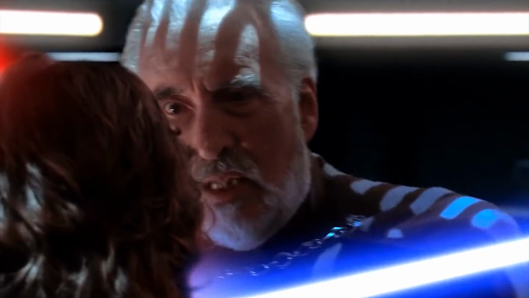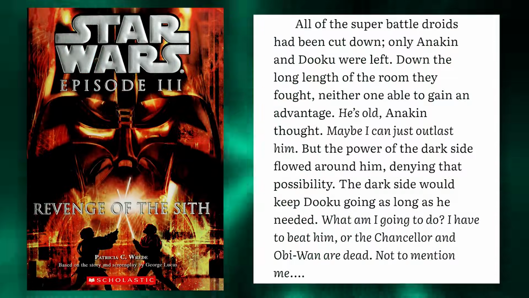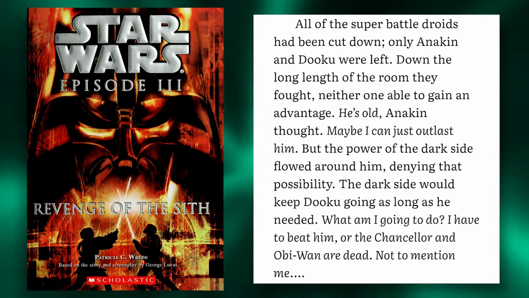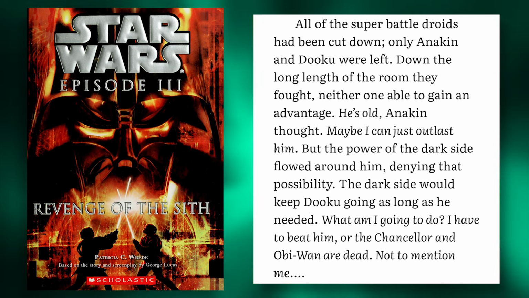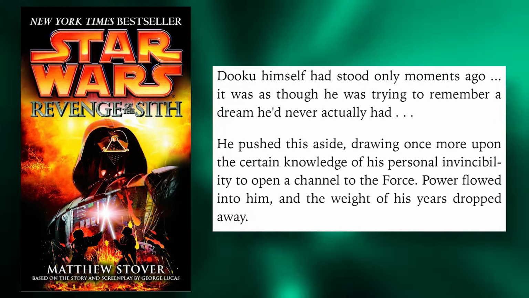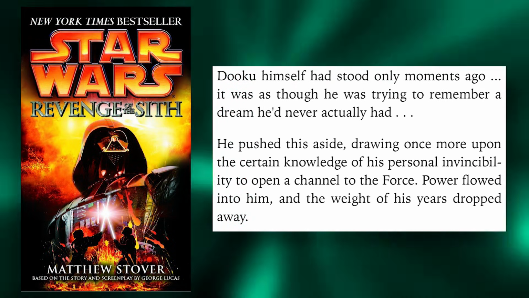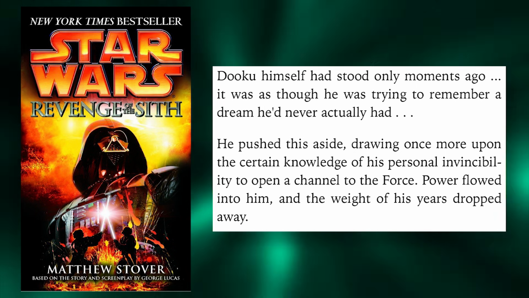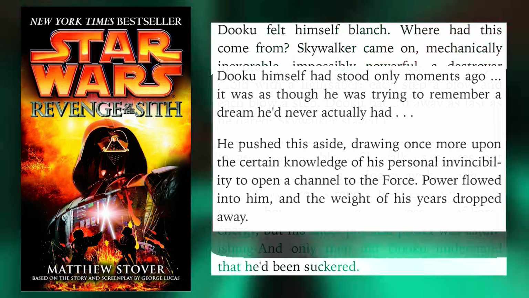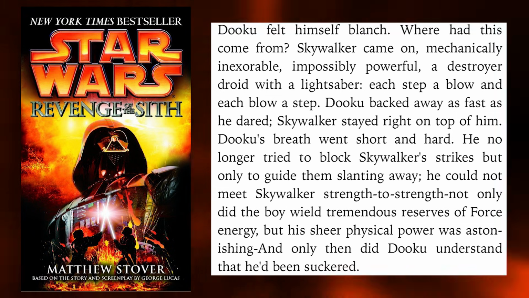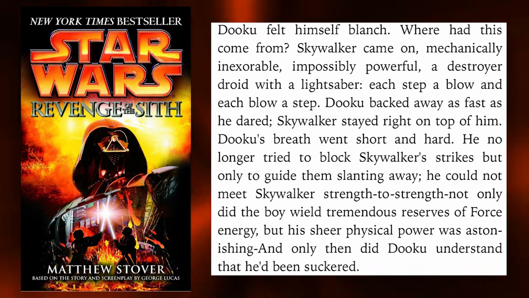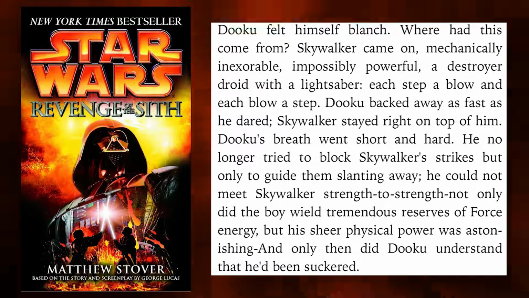To the point of Dooku's stamina, both the adult and junior novelizations of Revenge of the Sith make a point to say Anakin could not win a war of attrition against a Dark Lord who was shown being able to rejuvenate himself through the Force multiple times throughout their battle aboard the Invisible Hand. And to the point of raw power, the same aforementioned novel also states blatantly that the Count could not match Anakin blow for blow.